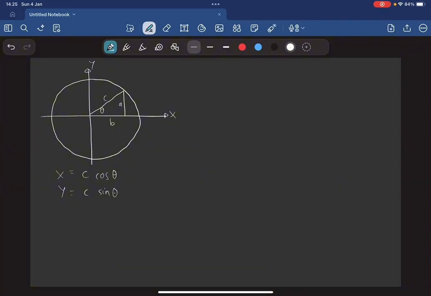Suppose a certain angle theta is the sum or difference of two other angles, using the Greek letters alpha and beta. We can write this angle theta as alpha plus or minus beta. The trigonometric function of alpha plus or minus beta can be expressed in terms of the trigonometric functions of alpha and beta.